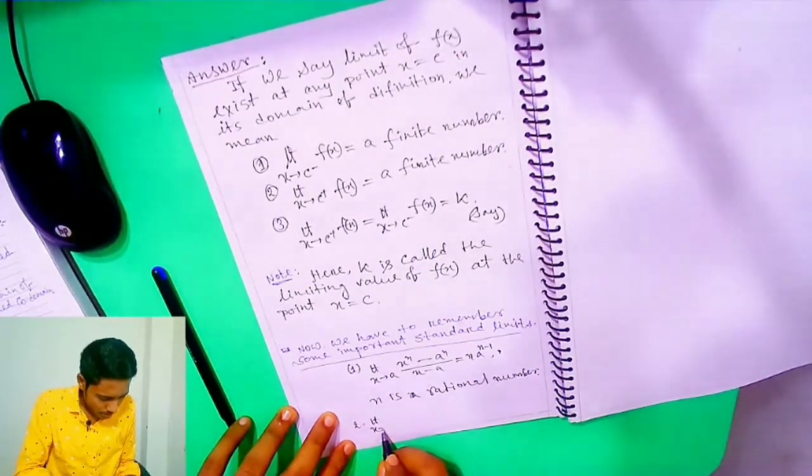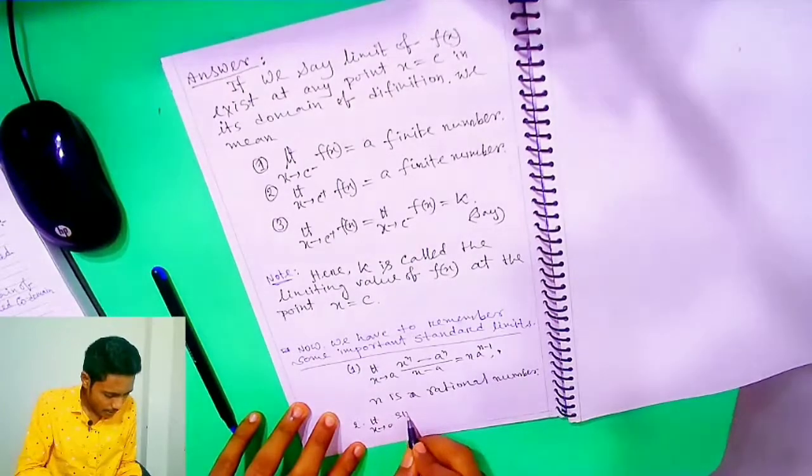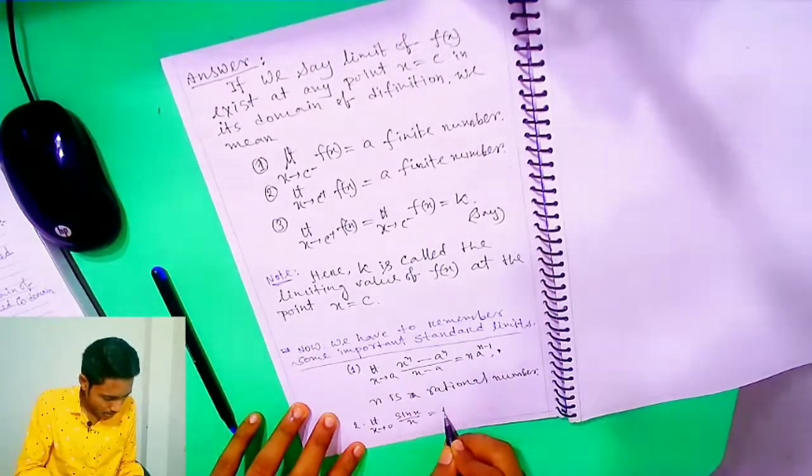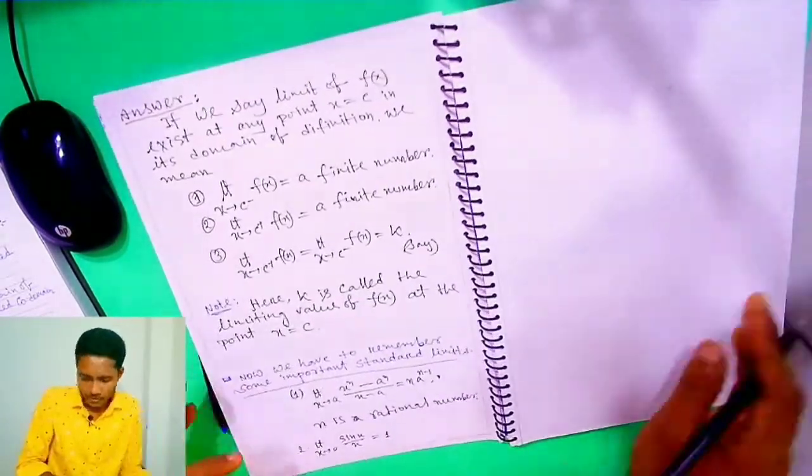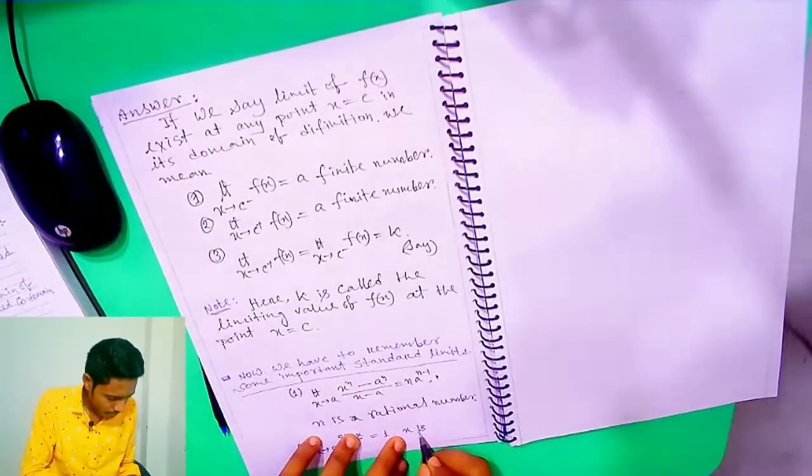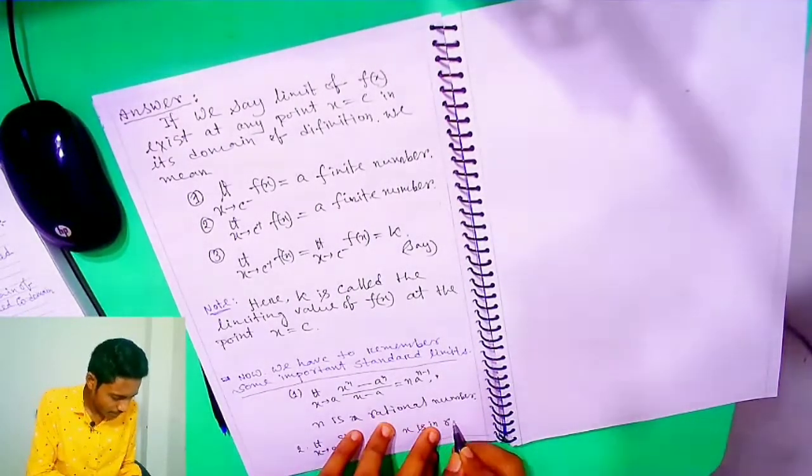Number 2, limit x tends to 0, sin x divided by x is equal to 1, x is in radian.